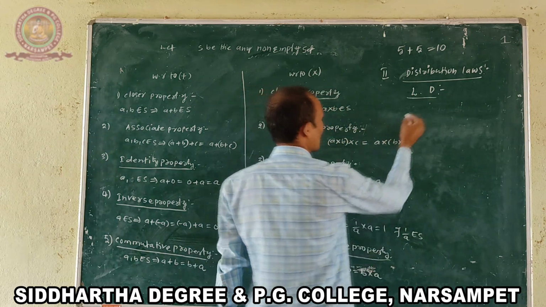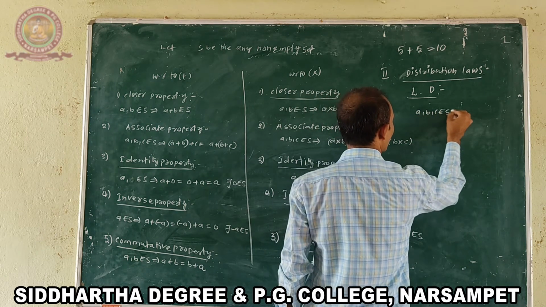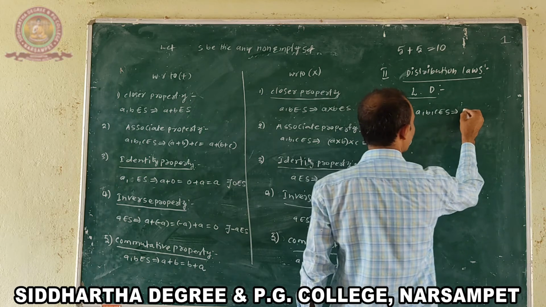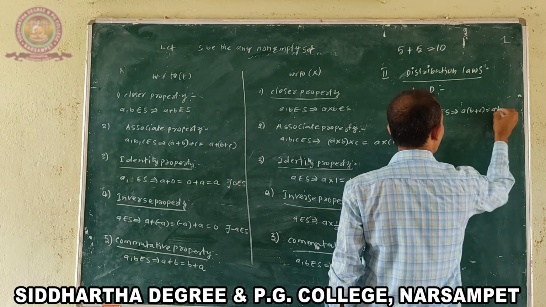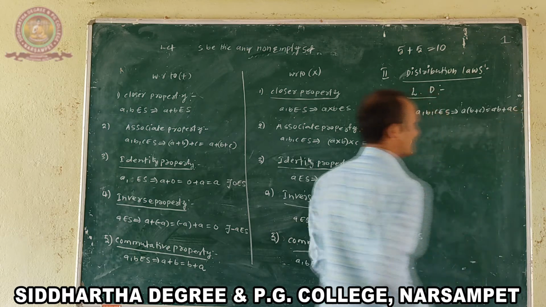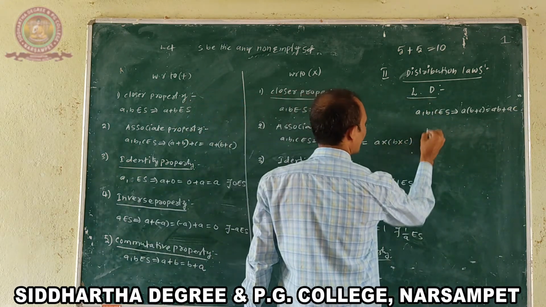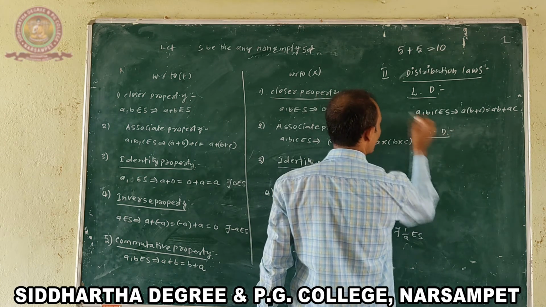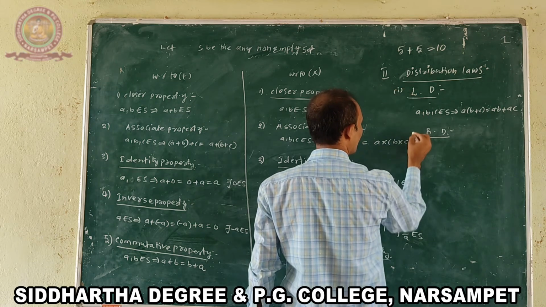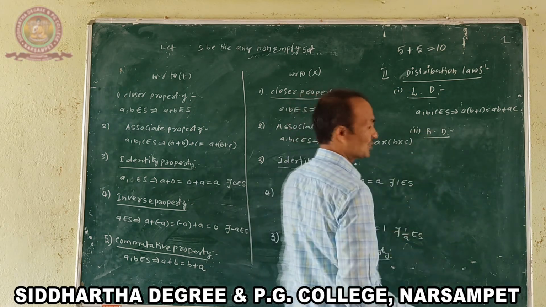A, b, c which belong to S implies a(b plus c) is equal to ab plus ac. It is the left distribution law. Next, the second one is the right distribution law.